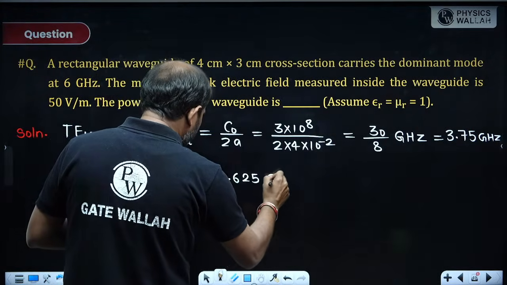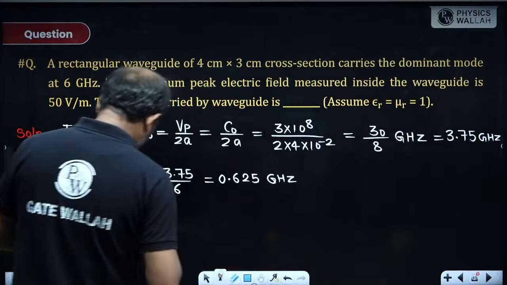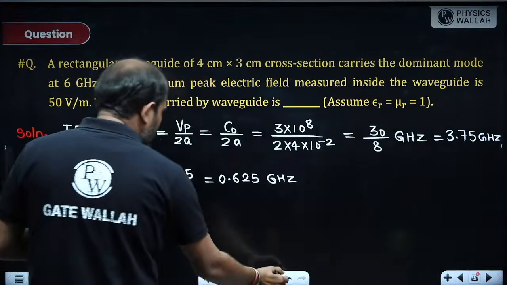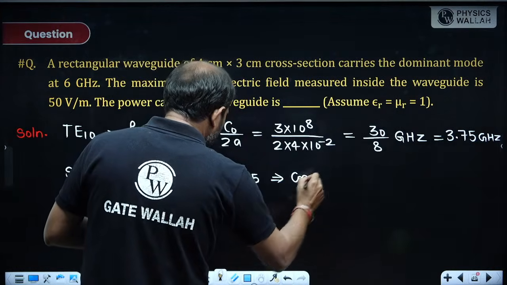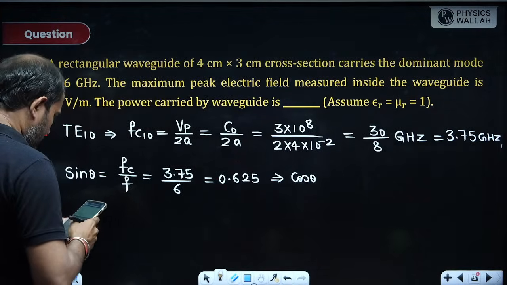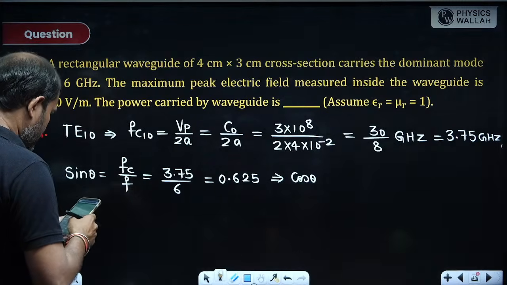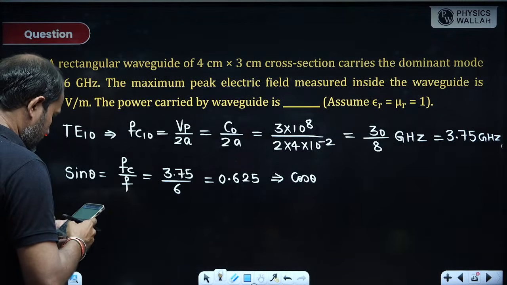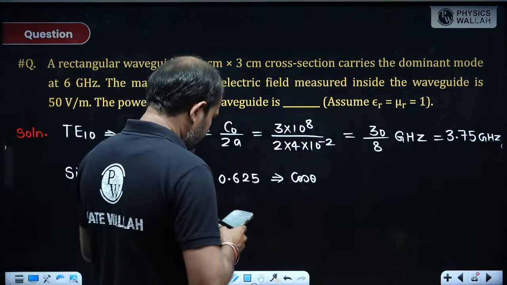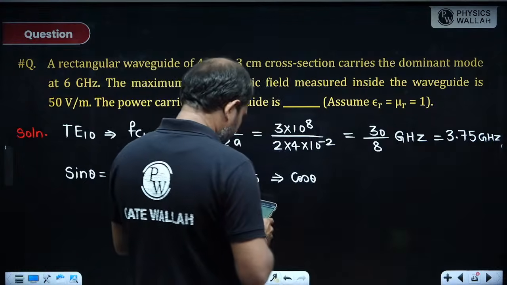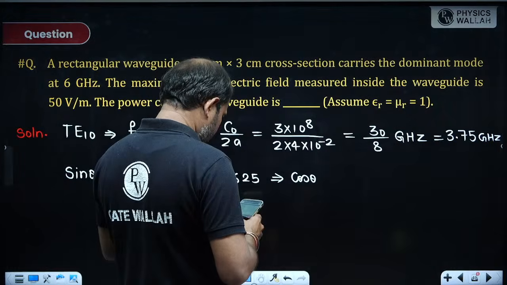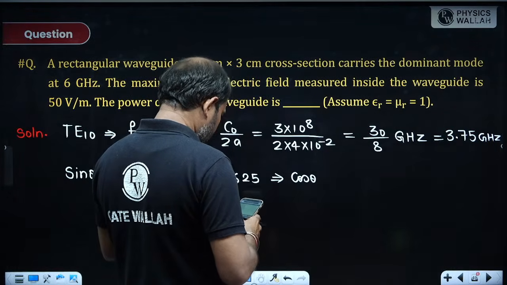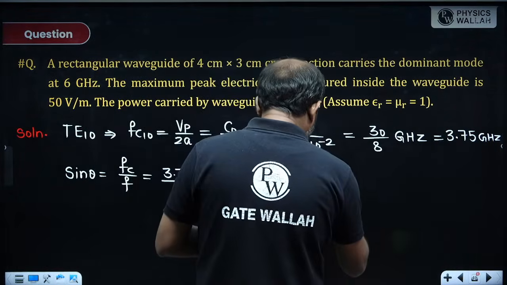And cos theta is equal to the square root of 1 minus sin theta square, 1 minus 0.625 square, which is 0.78.